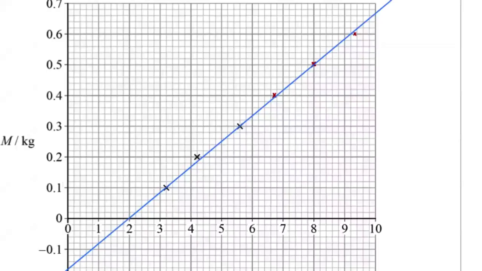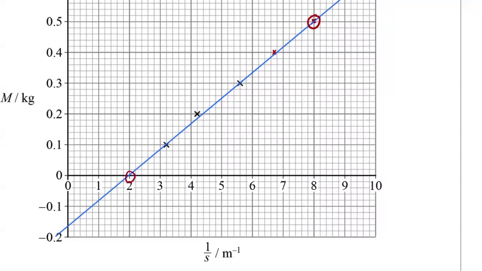So let's see, probably something like this here. And another point could be this, right? So one of these is 2 comma 0, the other one is 8 comma 0.5.